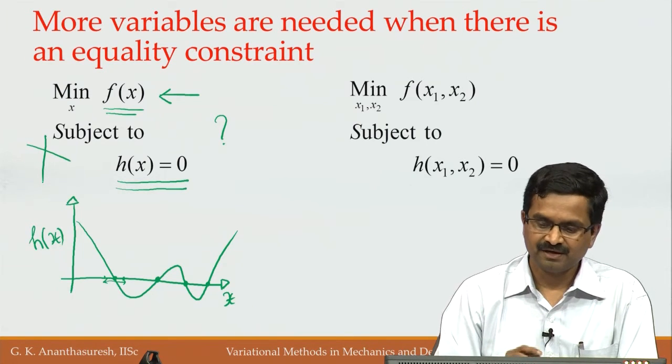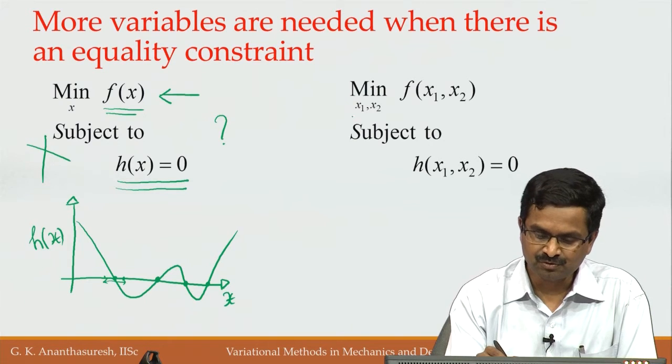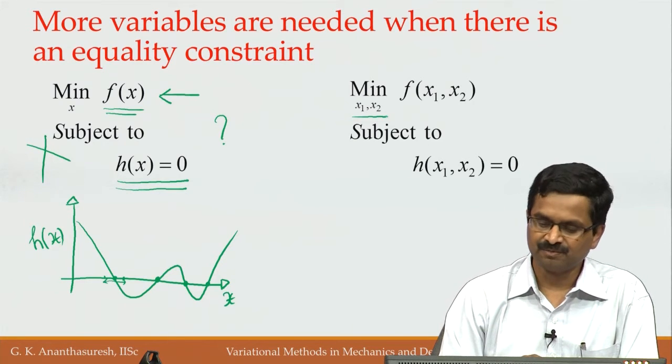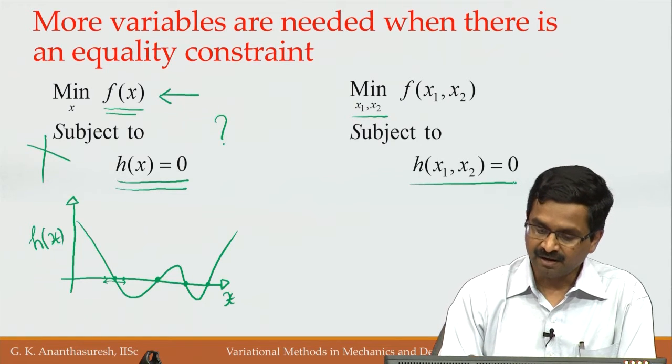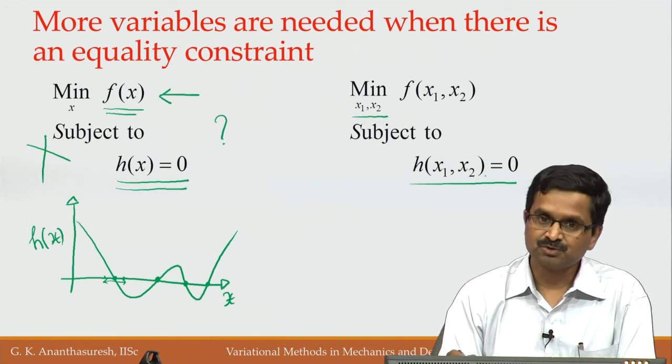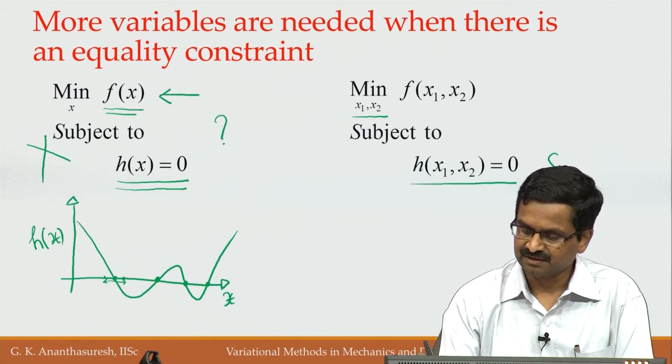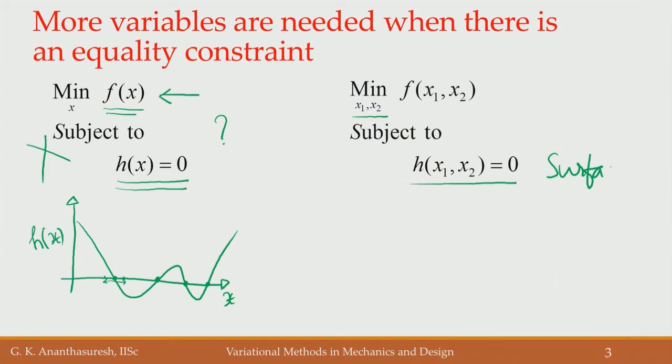So, what do we need? We need two variables, more than one variable, if we have one equality constraint. Now, h of x1, x2 will be a surface, right. So, this will be a surface which is set at 0 value.